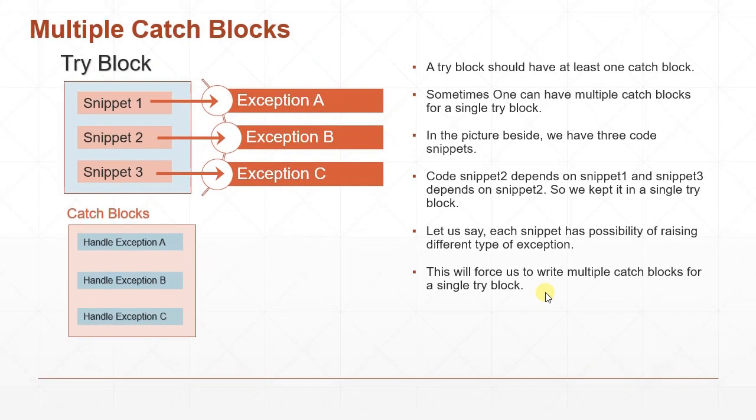The rule goes like this: snippet 1, snippet 2, snippet 3 are dependent on each other. We cannot separate them. So when snippet 1 fails, we don't want to execute snippet 2 and snippet 3. That's why we kept all three snippets together.